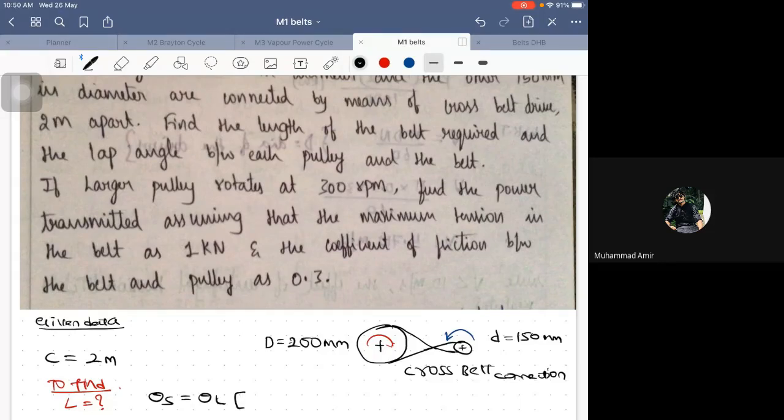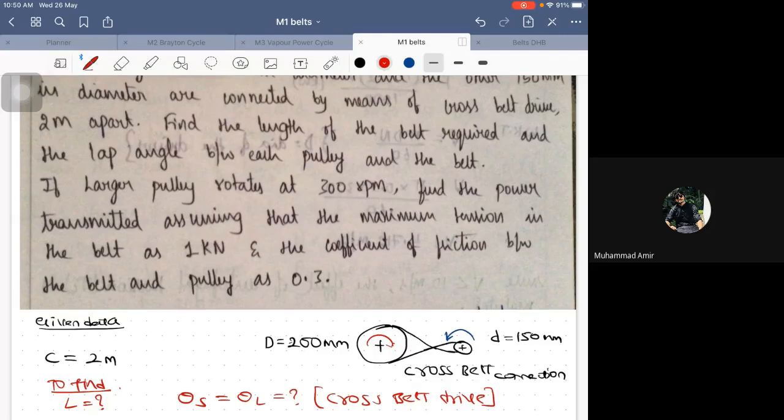Since it is a new concept to you, I would write it in red color. So theta S is equal to theta L, because this is a cross belt drive. Very good.